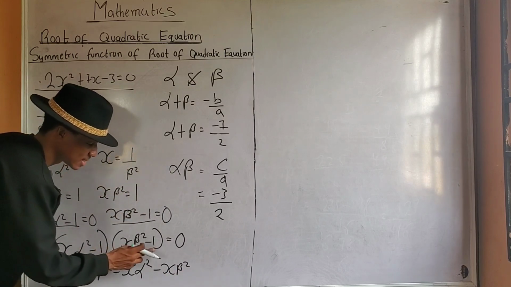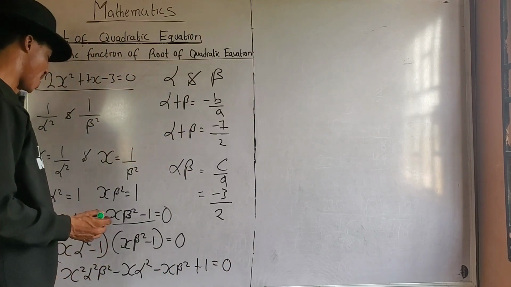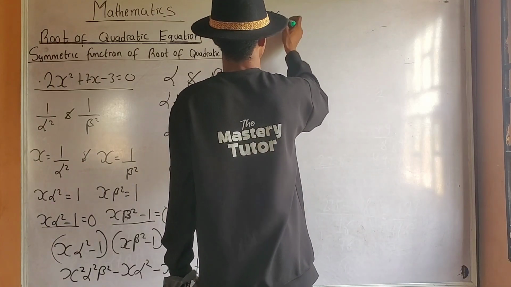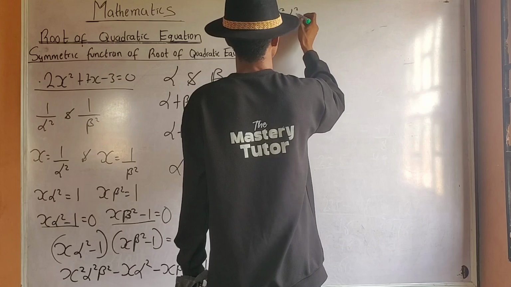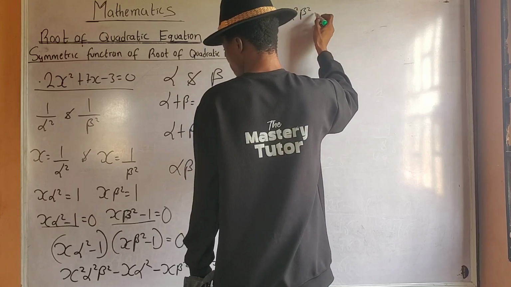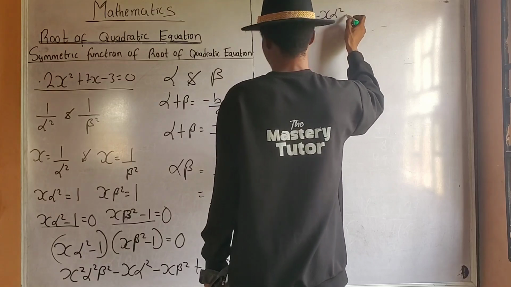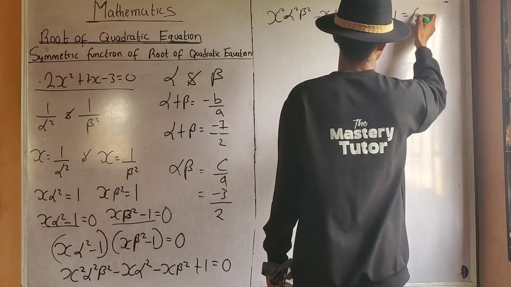Okay, negative 1 times negative 1, that is what? Positive 1. This will be equals to 0. Okay, now let us simplify further. I have x squared alpha squared beta squared, now minus x alpha squared minus x beta squared plus 1 equals 0.